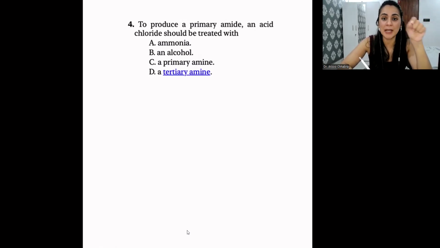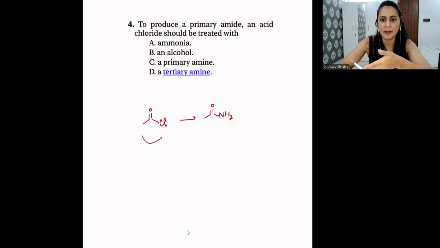So to produce primary amide, right? We are forming primary amide. What does that mean? So we are starting off with acid chloride, and on the acid chloride, you're reacting that with primary amide. This is the primary amide. So what should you treat the reactant with to form a primary amide?